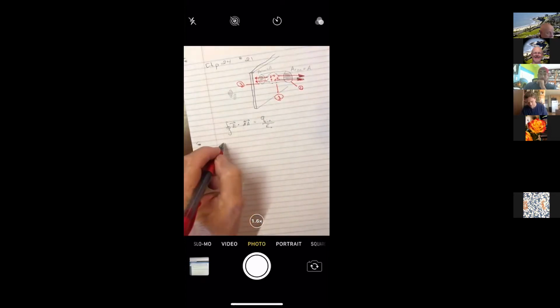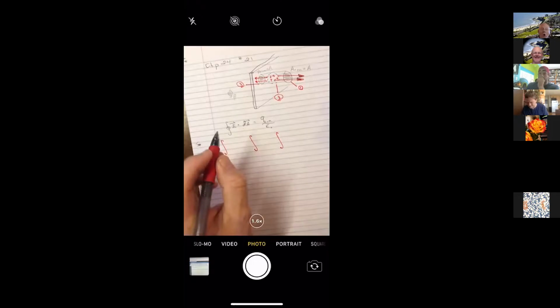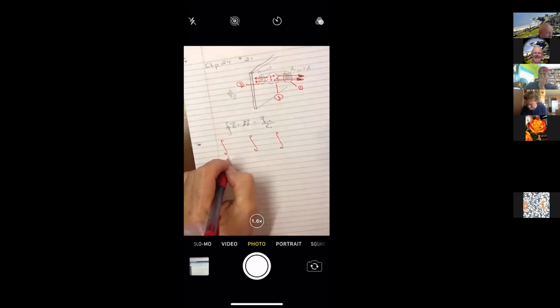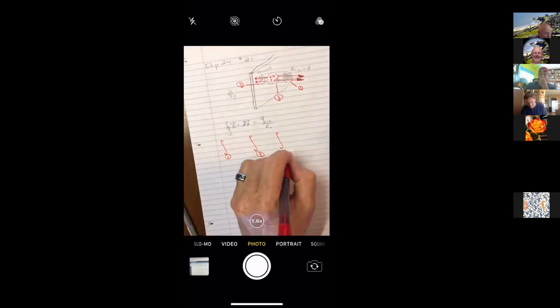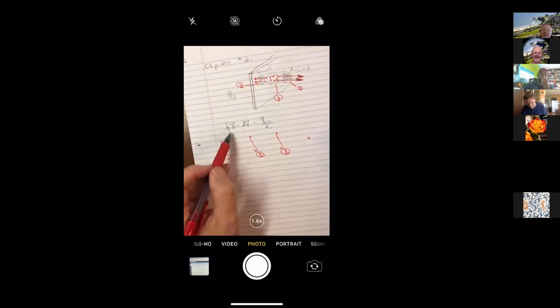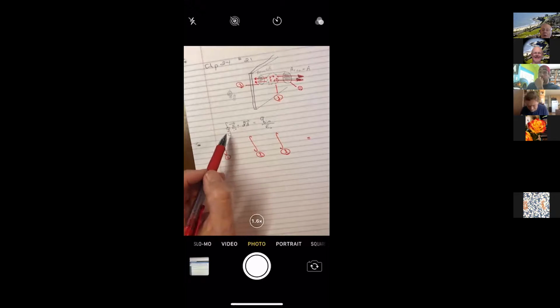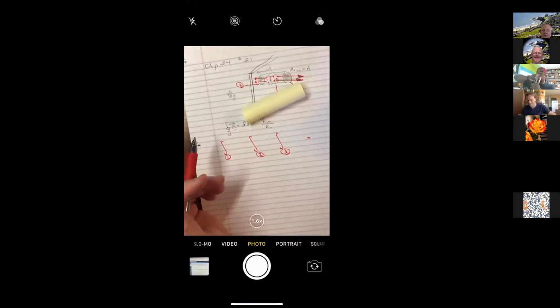So when you do the integral, you're really talking about the flux through the whole surface, all 3 surfaces: surface 1, surface 2, and surface 3. That's what this little circle means in our calculus. It says add up the electric field over the whole surface, all 3 pieces that make up this Gaussian surface.